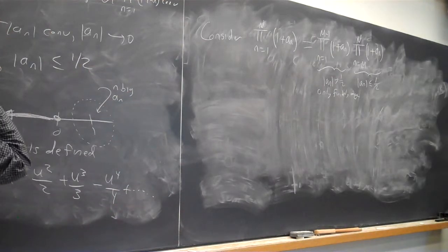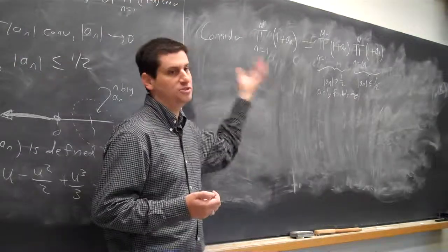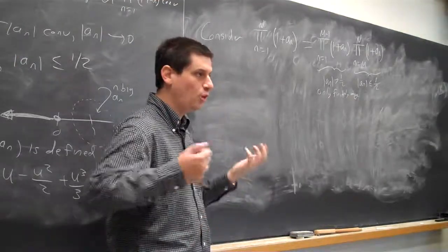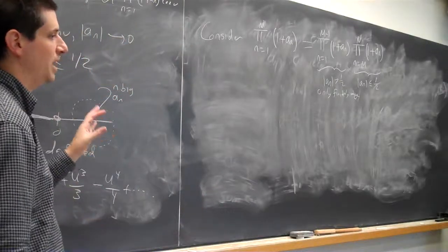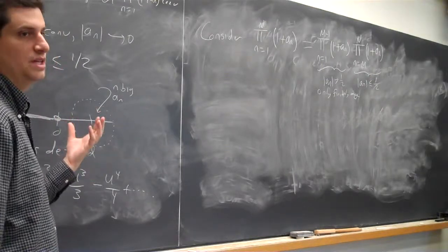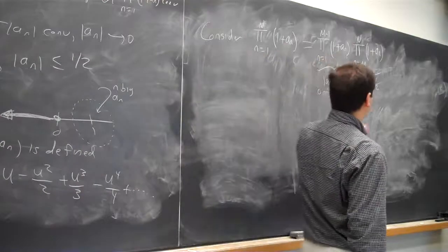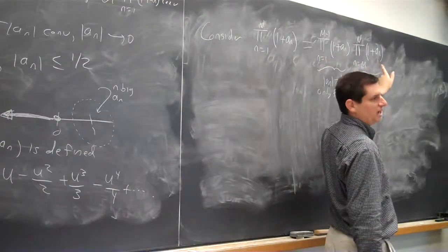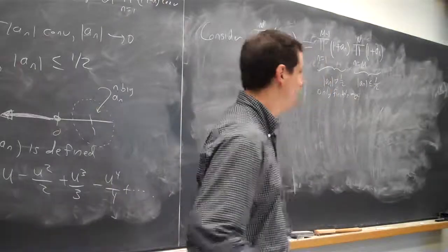Just throw away the finitely many terms that are greater than 1/2 in absolute value, and then just put that in at the end of the day. So if you want an argument like this, you can almost just say, screw it. Let's just assume that m is equal to 1, and that all the terms are less than a half in absolute value. Okay? It's really not that much work to write the big letter m rather than the big number 1 down below, so I will try to do the more general case.